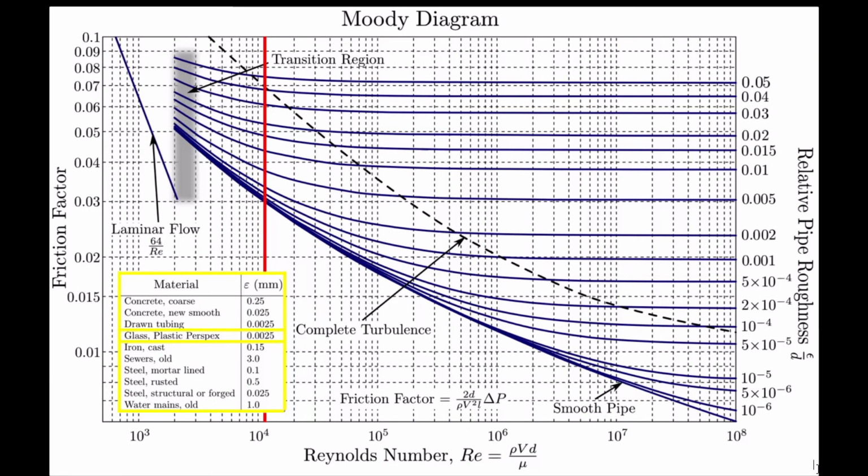We can round this value to 2 times 10 to the minus 4, and we can see that we have a line that corresponds to this relative roughness. So let's highlight the line that corresponds to the relative roughness of our pipe.